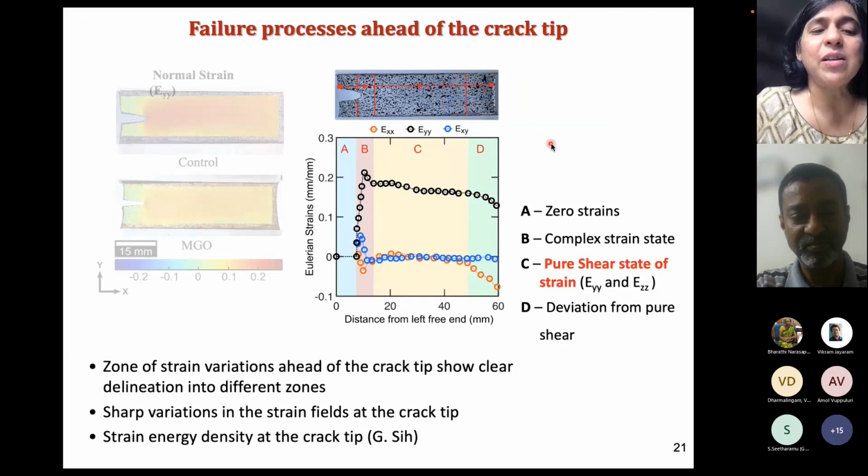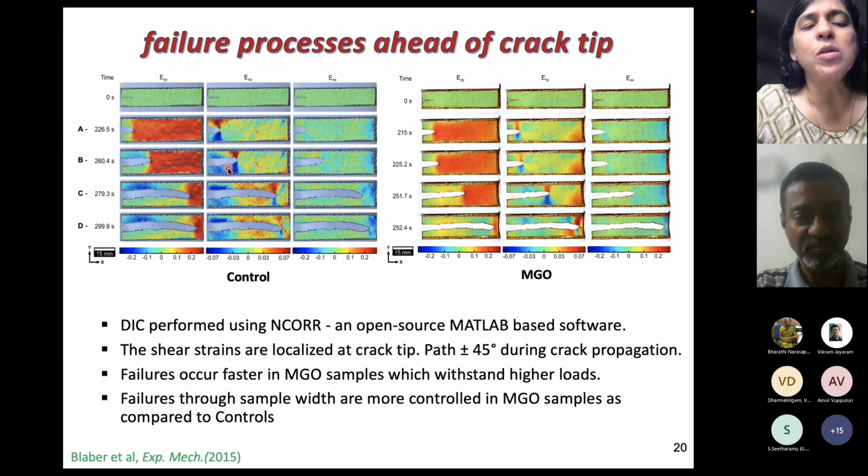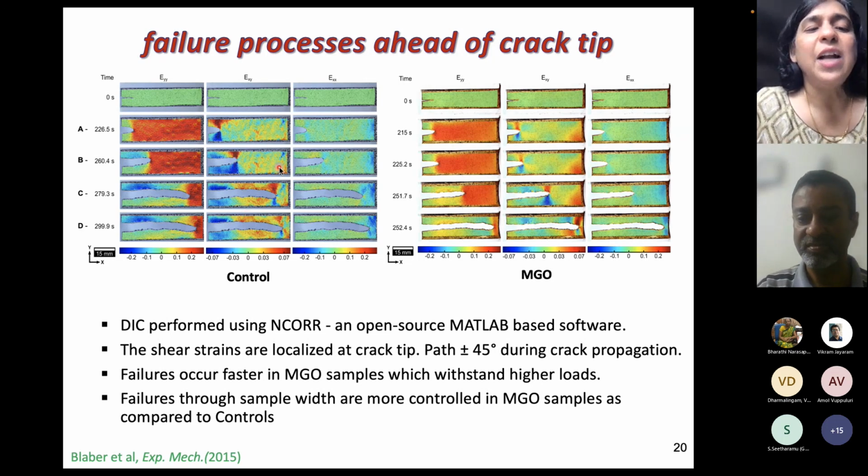And you can see it based on the strain calculations that we have also seen. If you look at the EXY strains in both the gel types, you will see that you have a pure shear maintained almost consistently until the end of the test, where, as I already told you, there are effects of boundary and others coming in. But here you see this very nice shear strain, and you don't have much else happening in the other components.